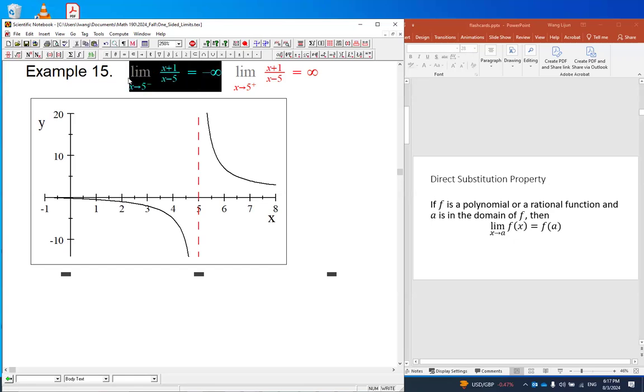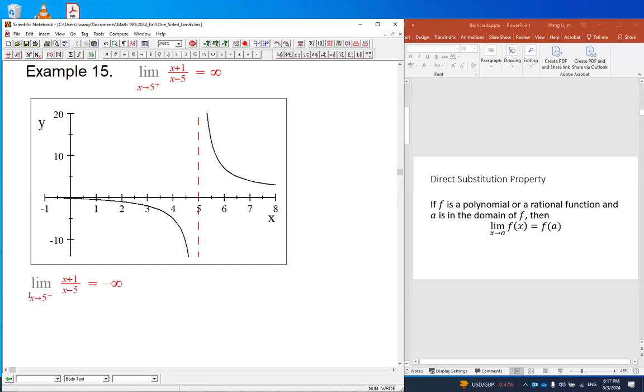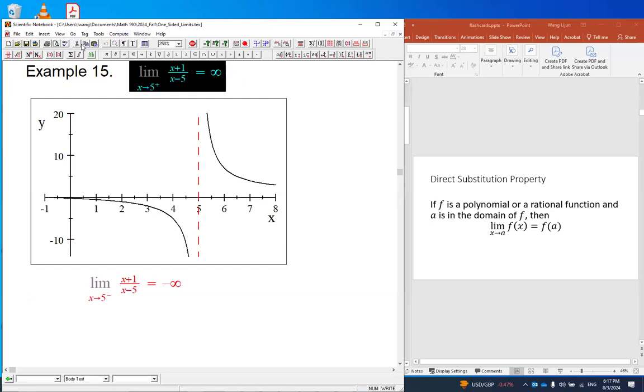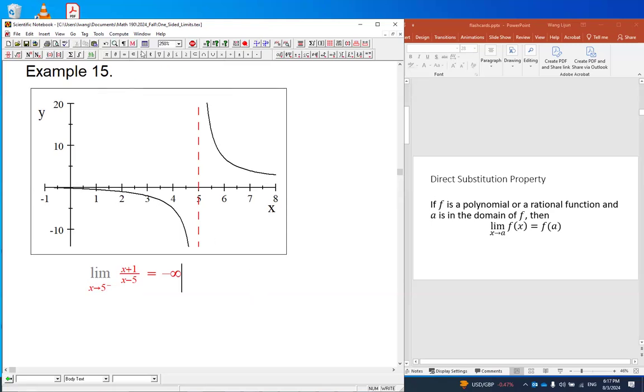This is approaching from left, and this is approaching from right. So I'm going to put this one over here. This piece corresponds to this branch, and this other piece corresponds to the right side branch, as x approaches 5 from smaller, which is this side, and x approaches 5 from larger.